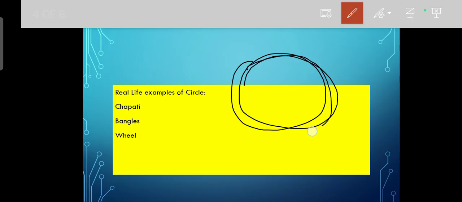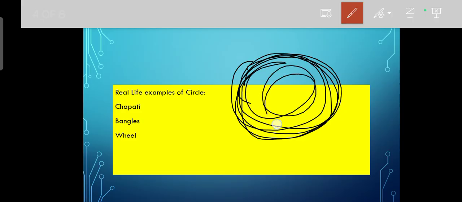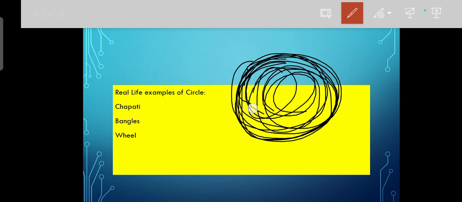If we want to find the area of this chapati, or we can say the space occupied by the chapati, that space is known as the area, which is covered by this particular circular shape.